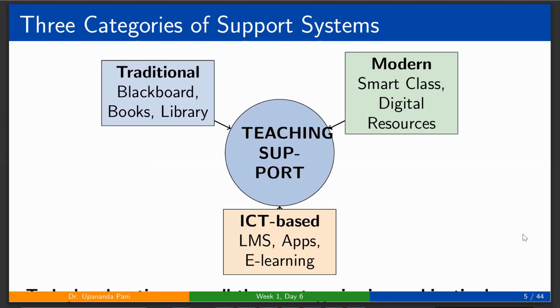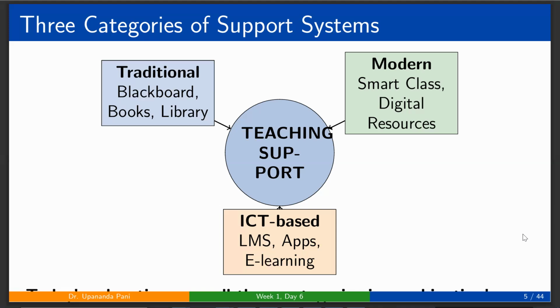So if you see, there are three categories of support system: traditional, modern, and latest is ICT based, right? Traditional system, all of us are part of. We know what it is. Basically, blackboard, books, library, what you usually get in colleges or universities.